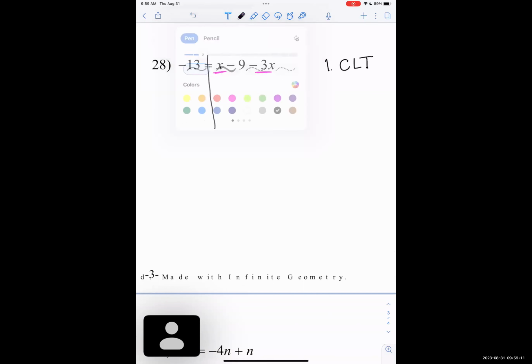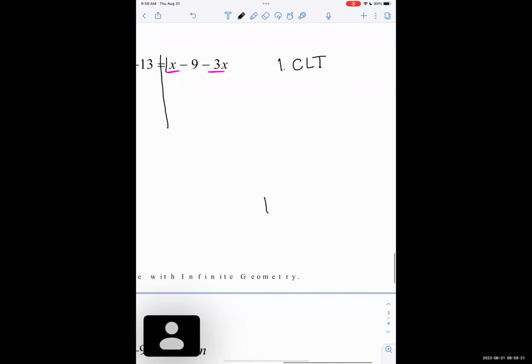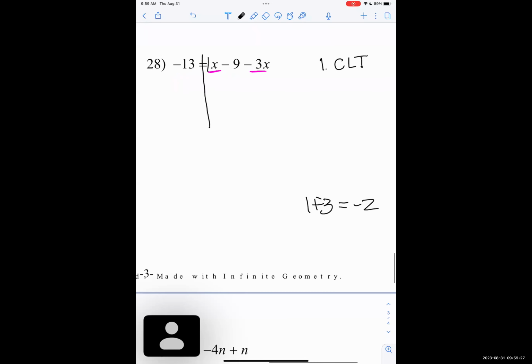So with our calculator, we do 1 on scratch paper. 1 take away 3 is -2. Keep, change. Okay, so bring down the -13, bring down the equal sign, -2x minus 9.